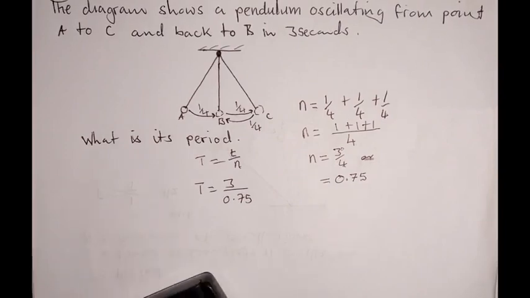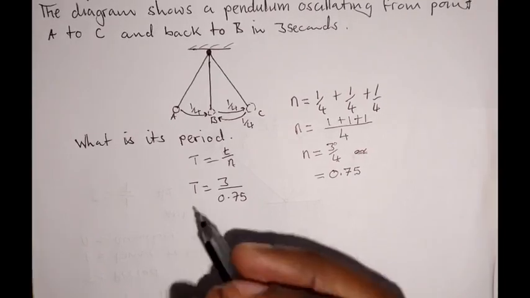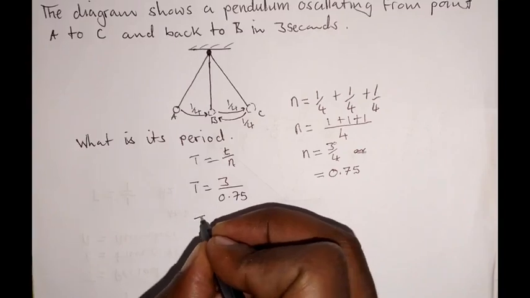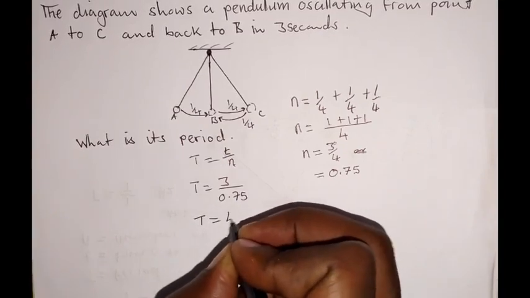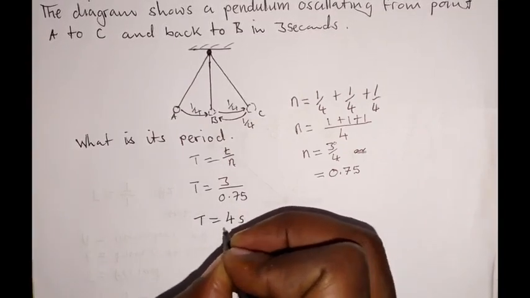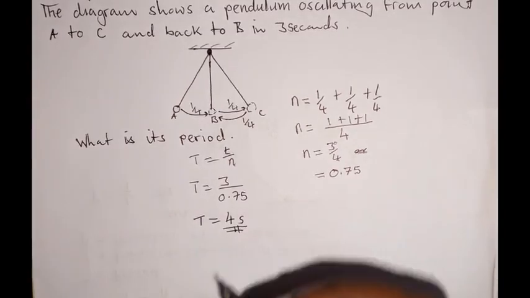If a physics calculator is allowed, just say 3 over 0.75, and the answer is 4. So our period, T, is equal to 4 seconds. This is the answer.